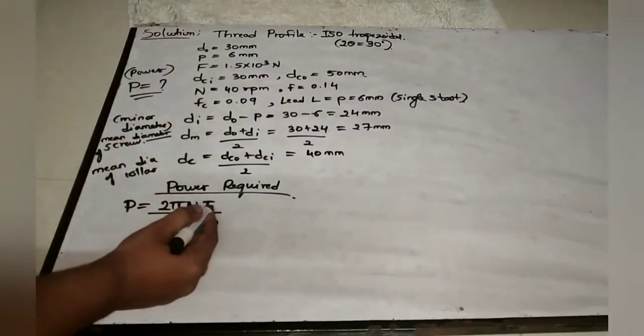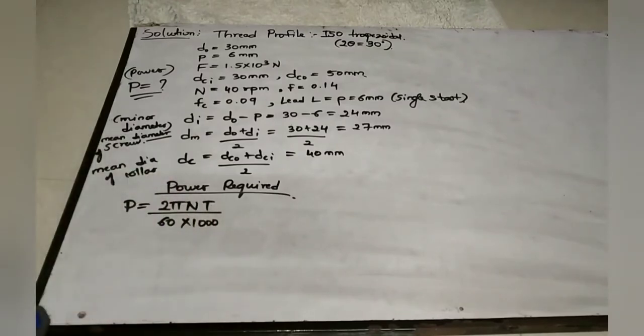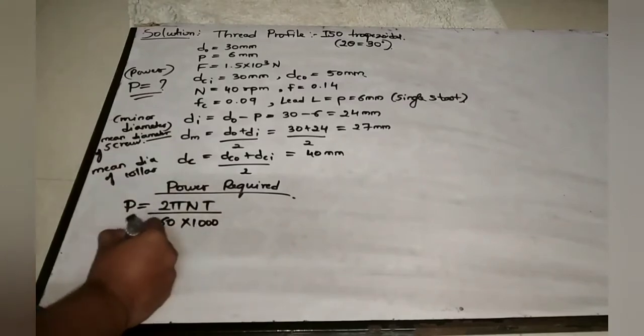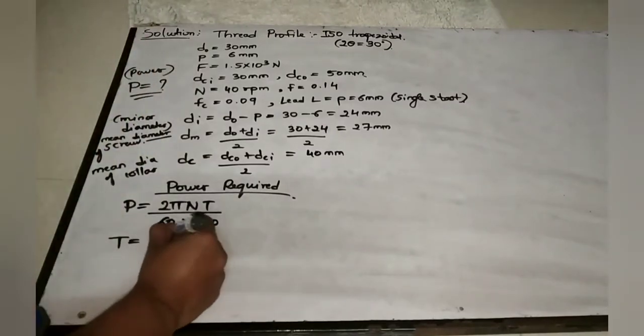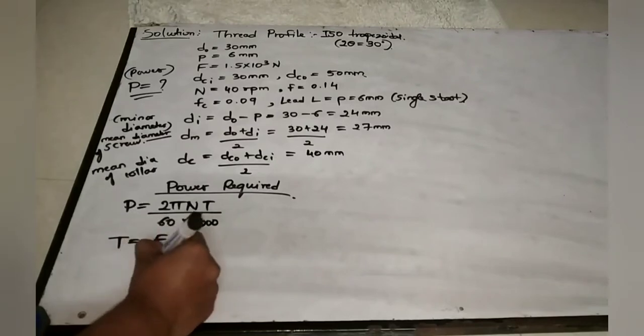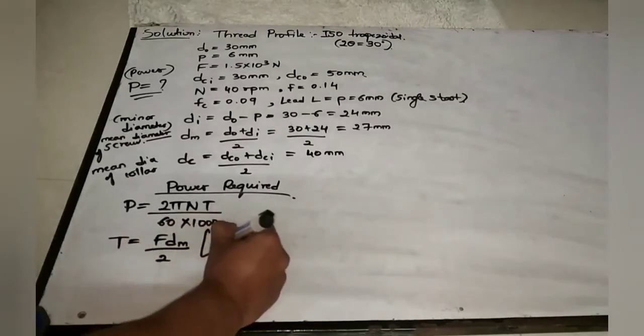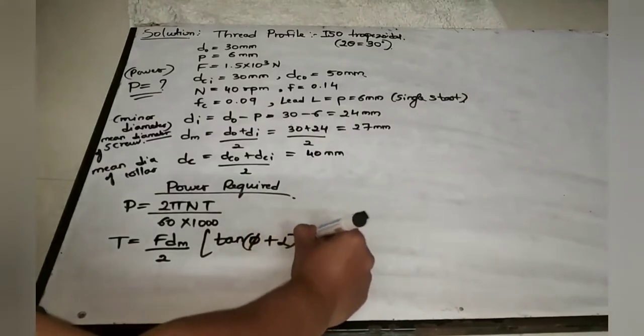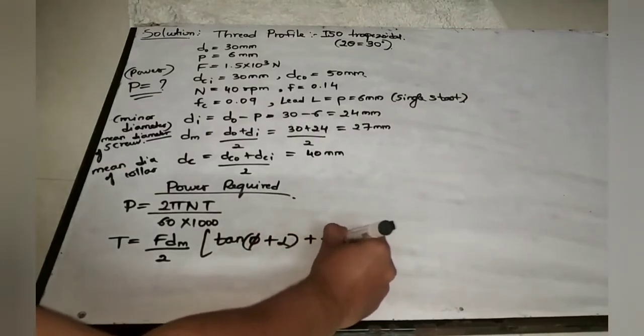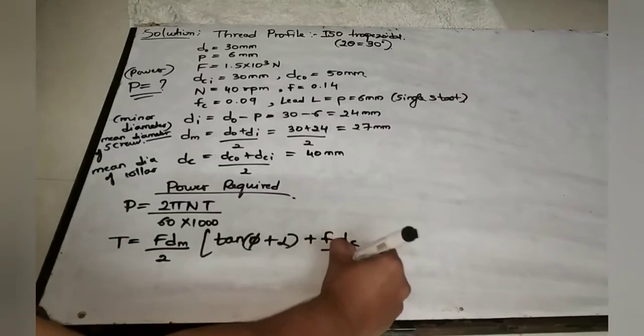If you find torque, then you can easily find the power, right? So torque is equal to F dm by 2 into bracket tan of phi plus alpha, plus Fc dc by dm.